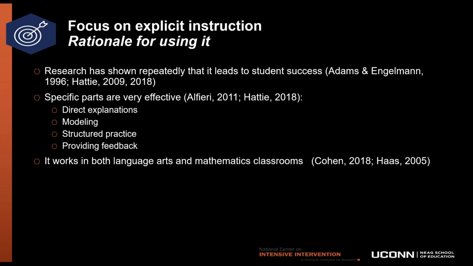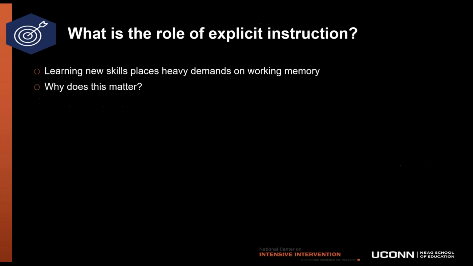Sarah's already talked a lot about the research on this, and you can see here some additional data from a variety of syntheses and direct articles that suggest that explicit instruction is very effective. So what I want to do is talk about why explicit instruction is so important for students who have intensive intervention needs.